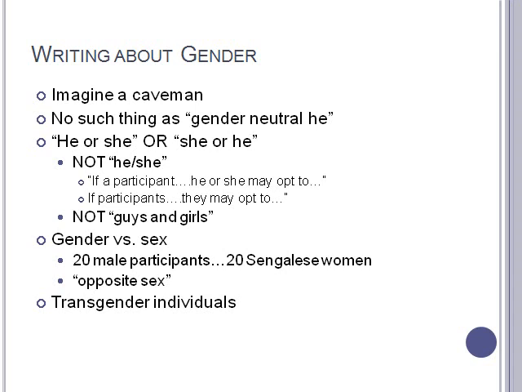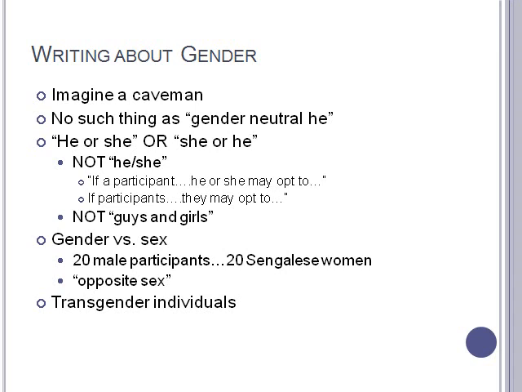Transgender is an adjective. It refers to someone, like I said, whose gender or sexual identity doesn't conform to typical gender norms. It includes individuals whose gender identity doesn't match the gender associated with the sexual organs they were born with.